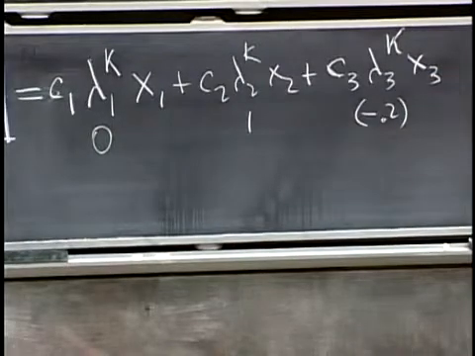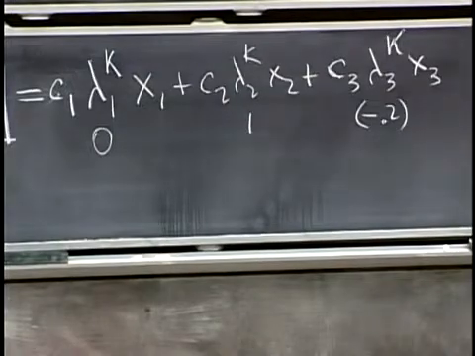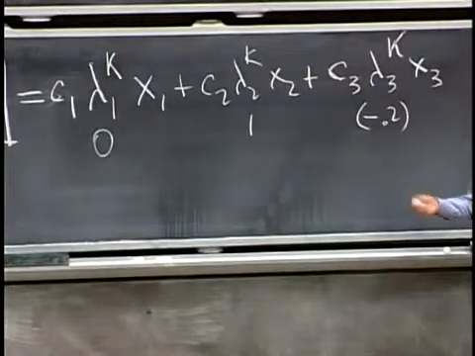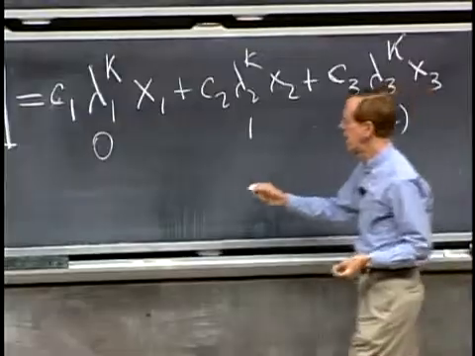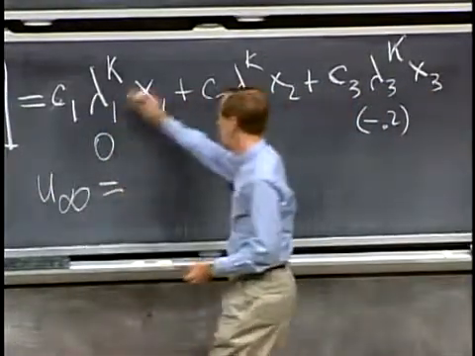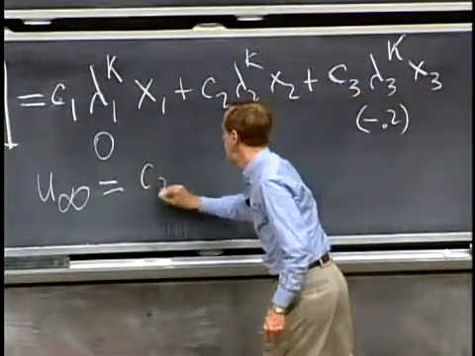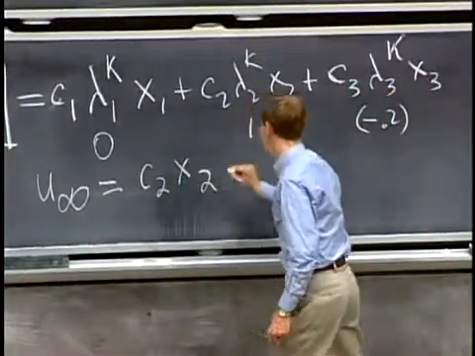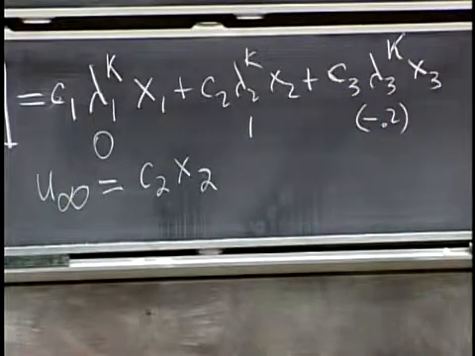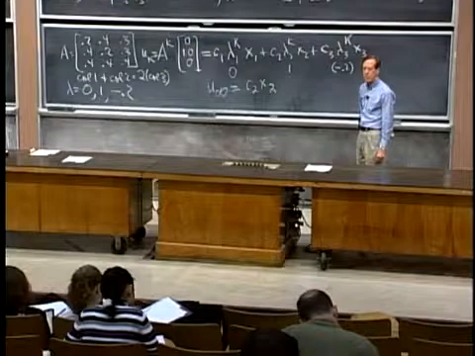So what happens as k goes to infinity? The only thing that survives is the steady state, so at u infinity, this is gone, this is gone. All that's left is c2 x2. So I better find x2.